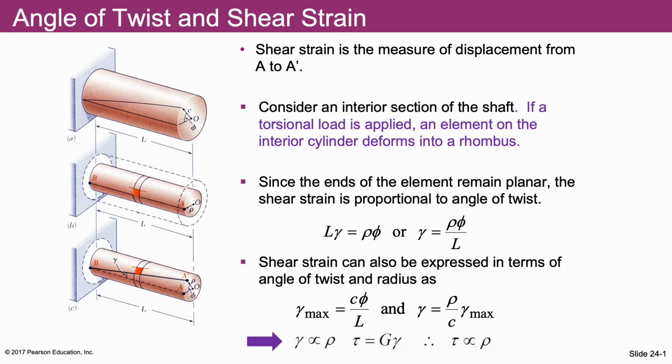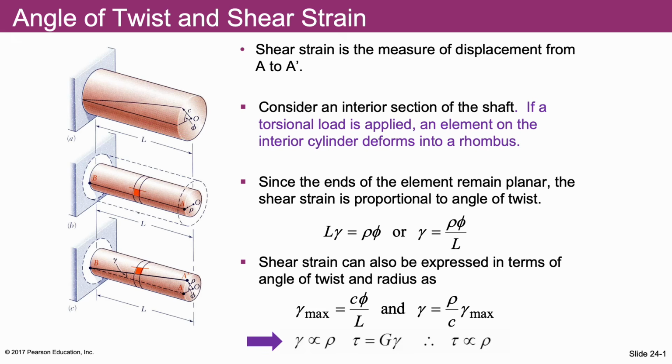According to Hooke's law, there is a linear relationship if we are in the elastic region. If the material behaves elastically, within the proportional limit, then there is a linear relationship between the shear stress tau and the shear strain gamma. And G here represents the modulus of rigidity, which is also known as shear modulus.